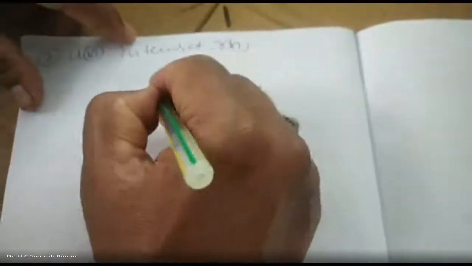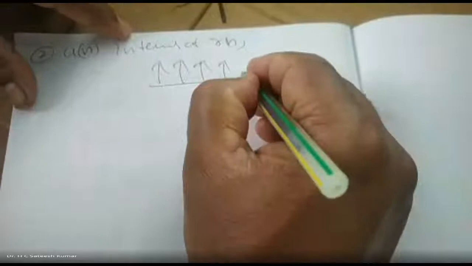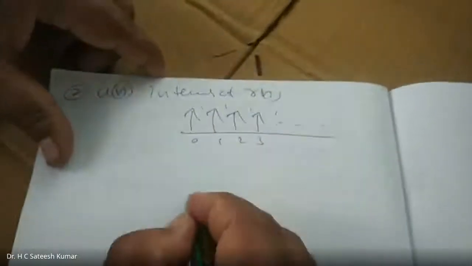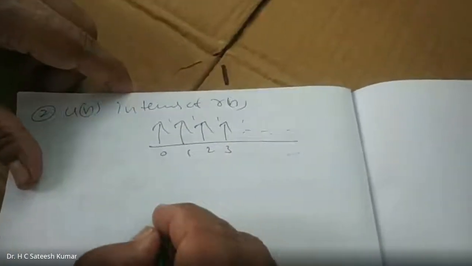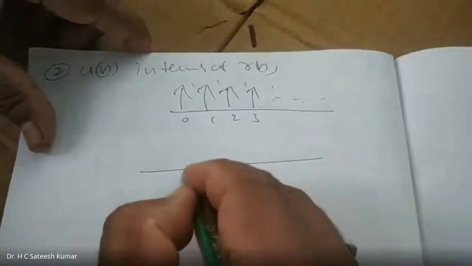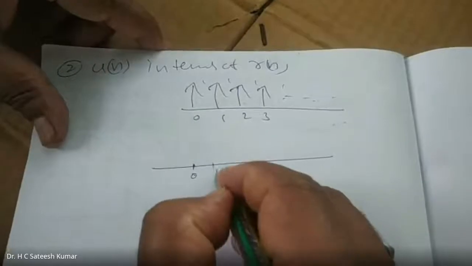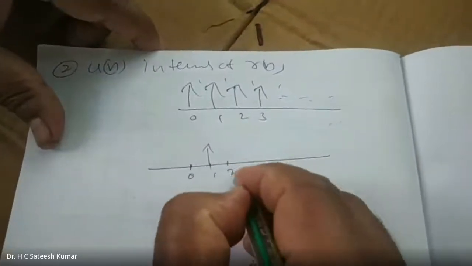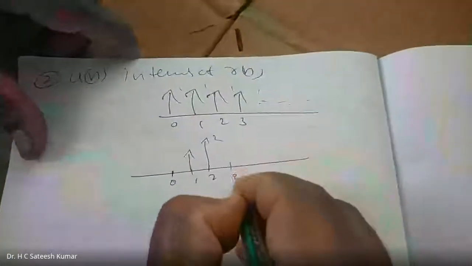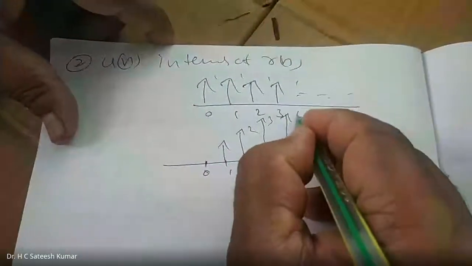U of n will be something like this, right? 0, 1, 2, 3, and so on. In terms of r of n, if you want to write it, write r of n first. R of n is from where to where? 0 at 0, 1 at 1, 2 at 2, 3 at 3, 4 at 4. This is r of n.